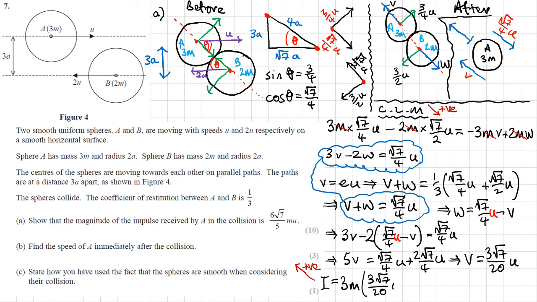And then minus the velocity before. Now this is going the opposite direction to my positive, so minus minus, so plus root 7 over 4u. Then adding these together, times by 3, gives me an impulse of 6 root 7 over 5 mu.